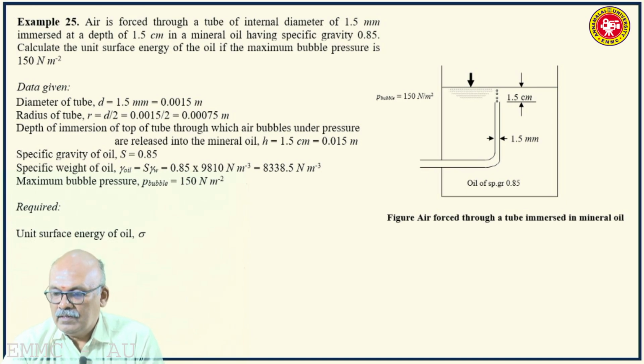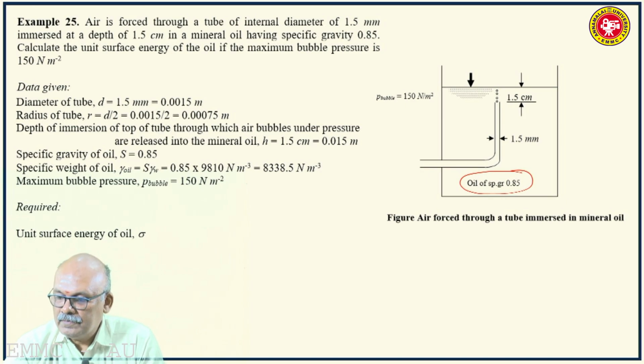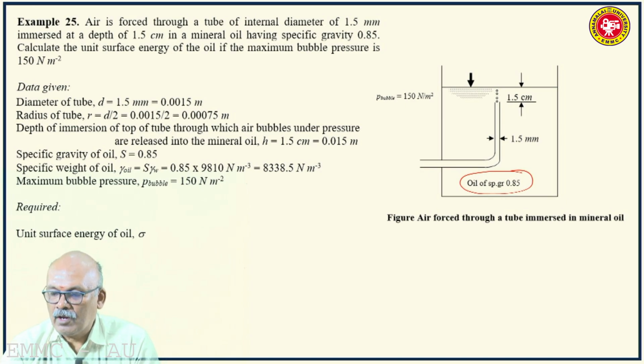See, I have a chamber in which I have a mineral oil of specific gravity 0.85, and air is forced through a pipe into the chamber having mineral oil. The internal diameter of the tube is 1.5 millimeters.